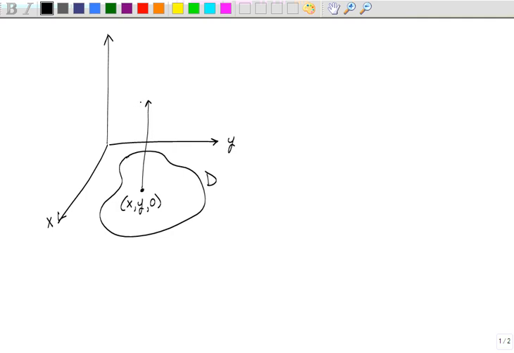So this distance here is f of (x, y), let me put that in red.